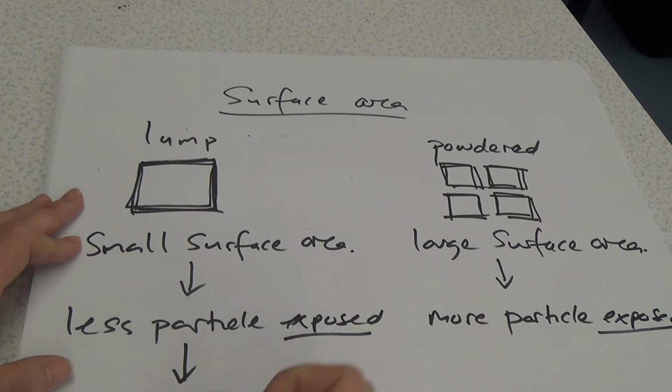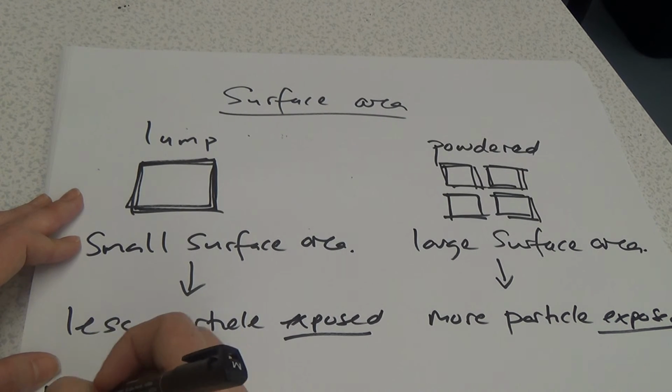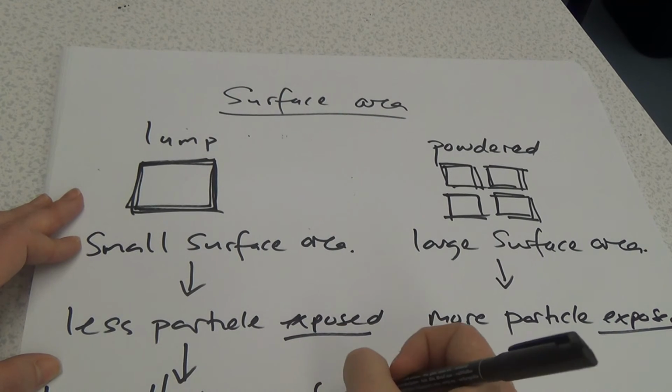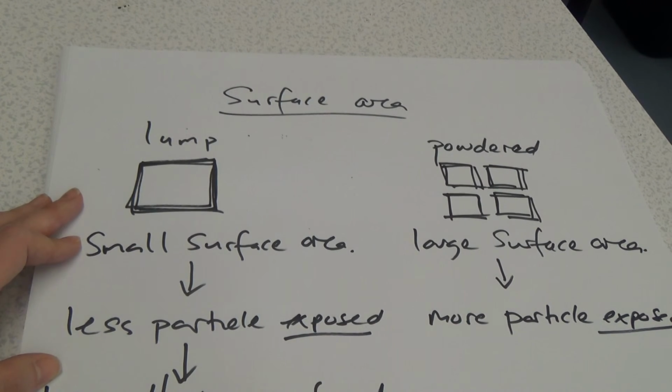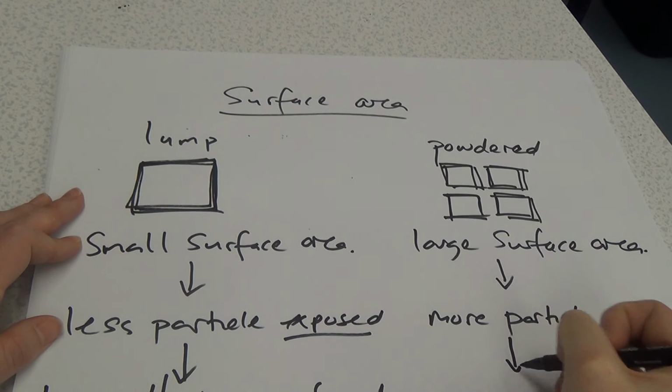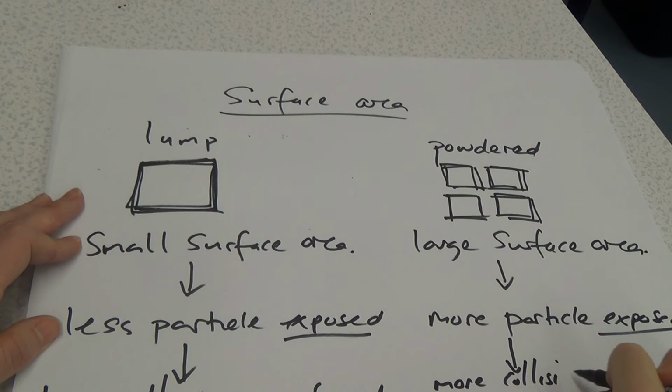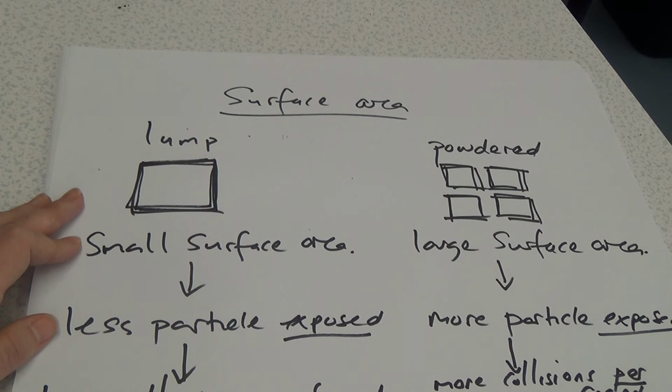If there are less particles exposed, there will be less collisions per second. Don't forget per second. And if there are more particles exposed, there will be more collisions, again, per second. Don't forget the per second part for both of those.